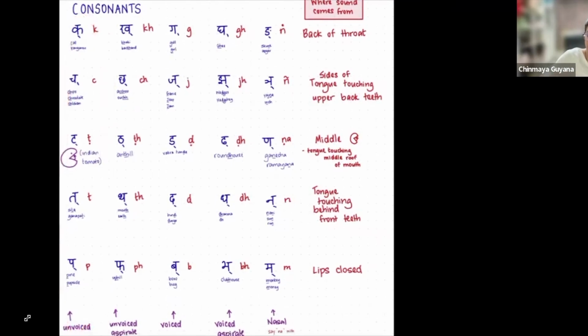The next line is that same spot the sound comes from, but it comes with the Mahaprana, the aspirate. K, k. It comes out with air. You have to give your lungs practice if you're not used to saying it. We don't say ghost, we say ghost. Now, all of a sudden, when you have to say, we don't say ghee, we say ghee.